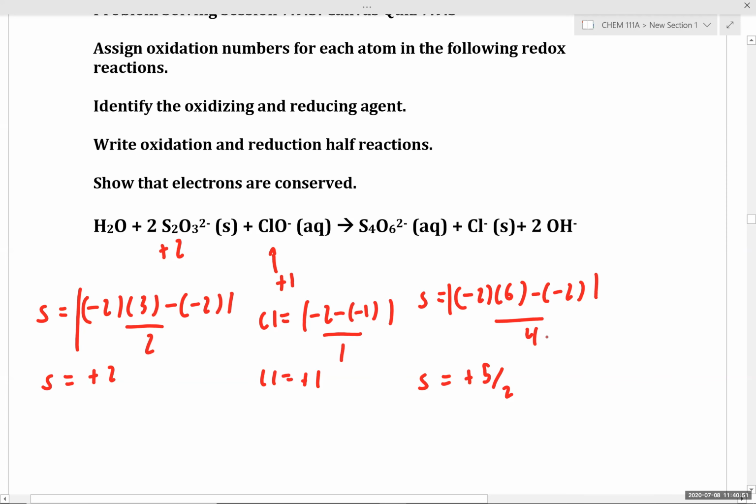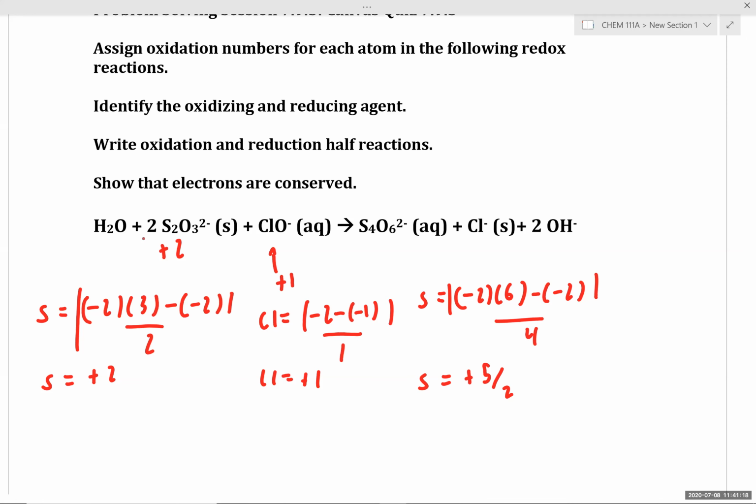Yes, there are 4 atoms. In which calculation? When you say 4 atoms of sulfur, this is really important. You don't have to worry about the coefficients when you think about oxidation numbers. You worry about the coefficients when you think about the total number of electrons gained or lost. Does that make sense?